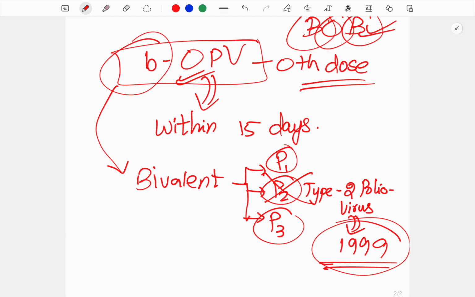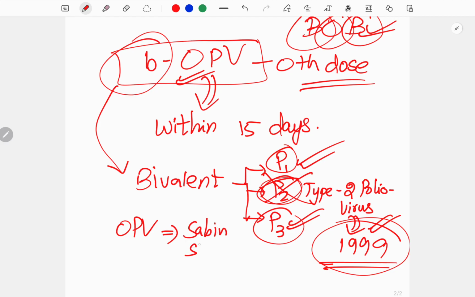So it also causes vaccine induced polio. So we should not give this strain. We only use bivalent, that is P1 and P3. So in oral polio vaccine we have what strain? That is Sabin strain, right? Sabin strain is a live attenuated vaccine.